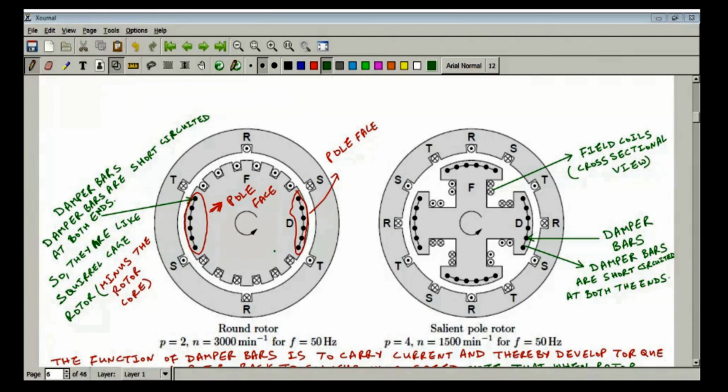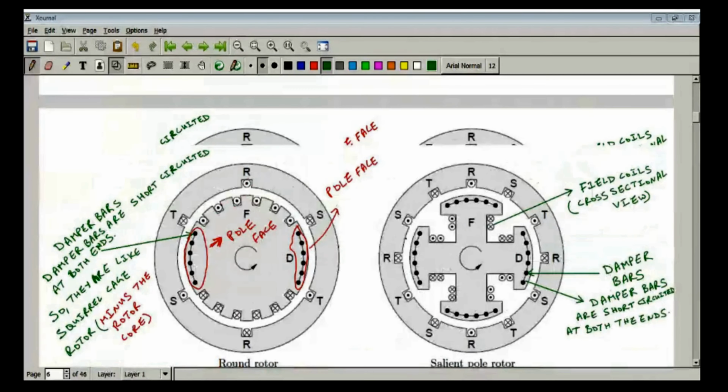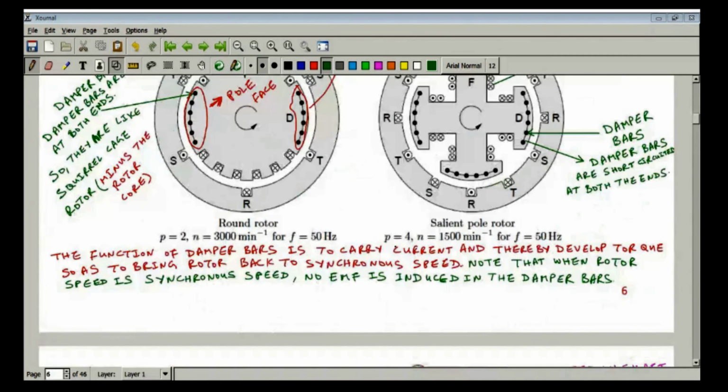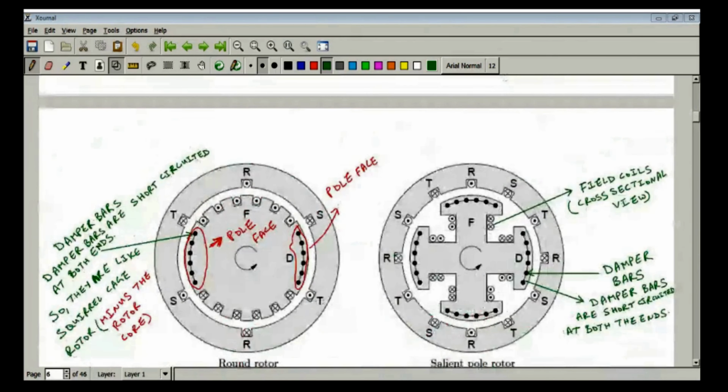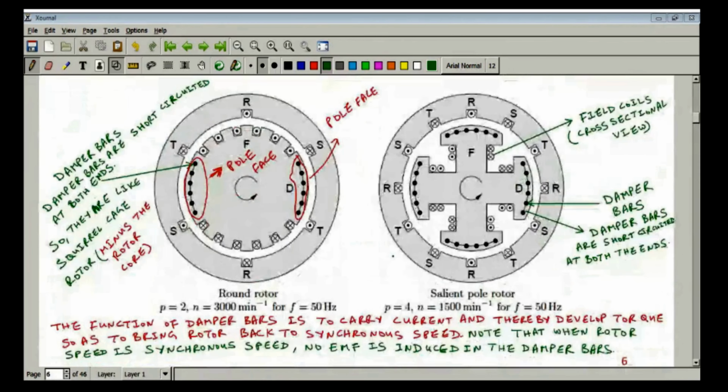To overcome that starting problem, damper bars are useful, because they produce induction motor torque, and this brings the rotor somewhat near to synchronous speed, but not equal to it, and thereby the process of magnetic locking becomes easier. So sometimes these damper bars are helpful for the self-starting of a synchronous motor.